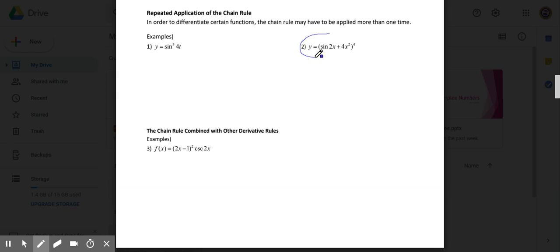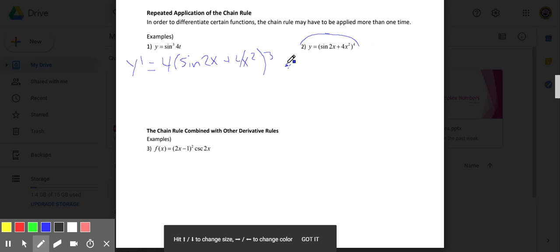So we're doing this one now. So derivative of the outside is 4 sine of 2x plus 4x squared, cubed, times the derivative of the inside.